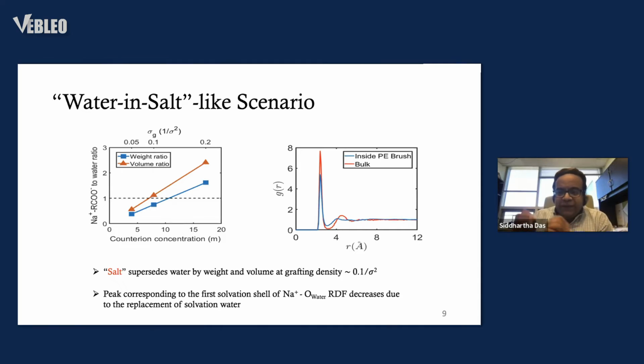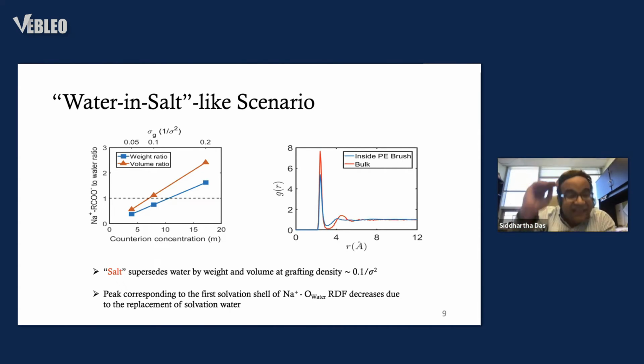We can actually see more statistical proof of such water replacement. For example, when we study the sodium ion to oxygen of water radial distribution function, you compare the blue and the red. The blue is the one inside the brush layer. You see the peak has come down.